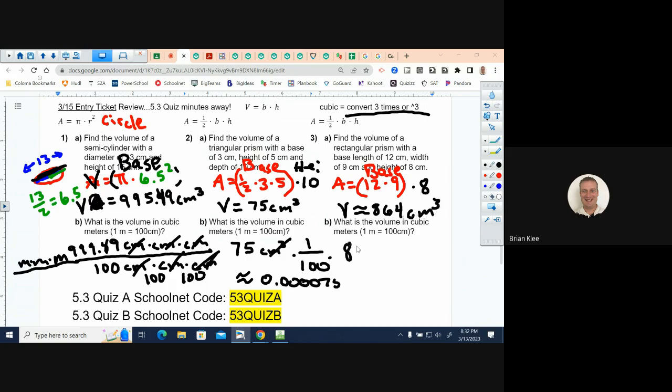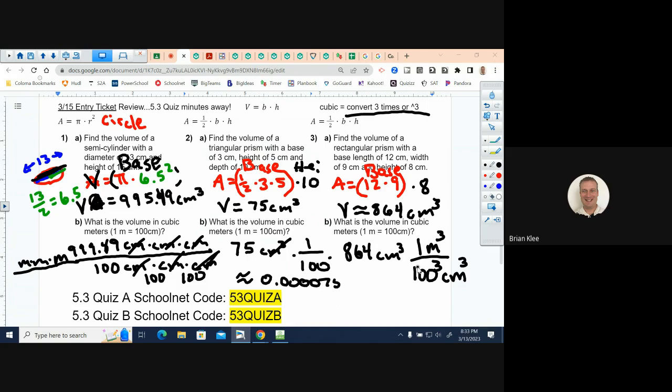Once again, we need to multiply that by the conversion, 1 meter cubed, and we know 1 meter equals 100 centimeters. But I'm not converting a single unit, I'm computing cubic units. So the second I put that cube there, I also have to put the cube on the 100.